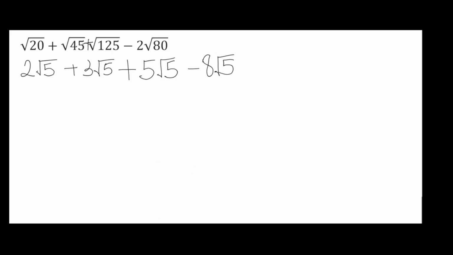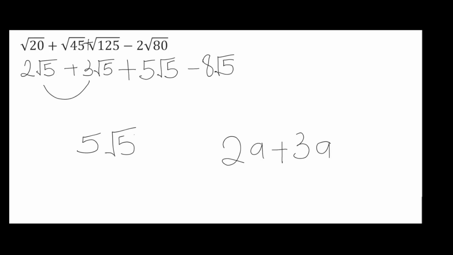When we have 2 root 5 plus 3 root 5, we have 5 root 5. It's just like saying 2a plus 3a. So the root is taking the place of the variable we have here. Root 5 is similar to a in this case. When we have 2a plus 3a, we agree that it is 5a.